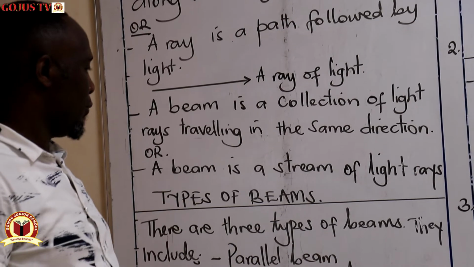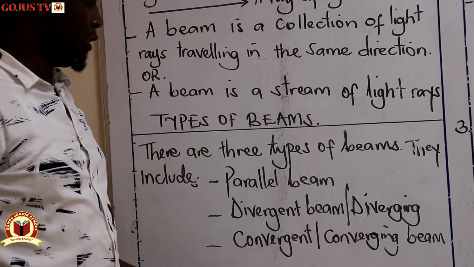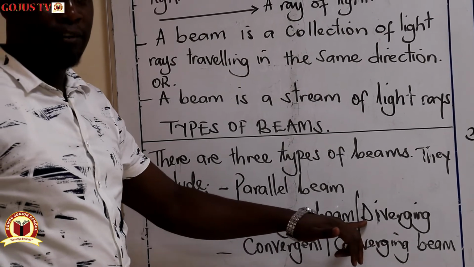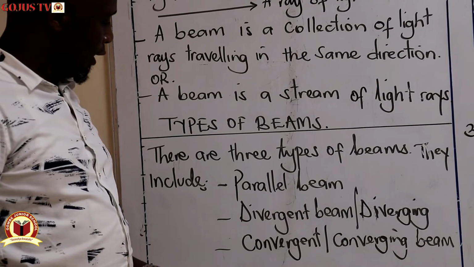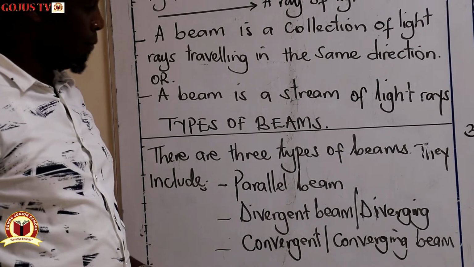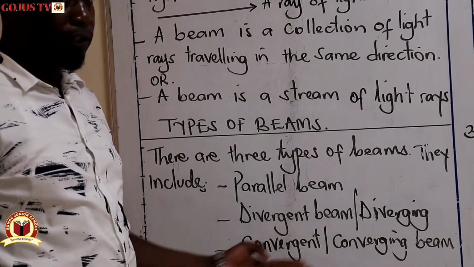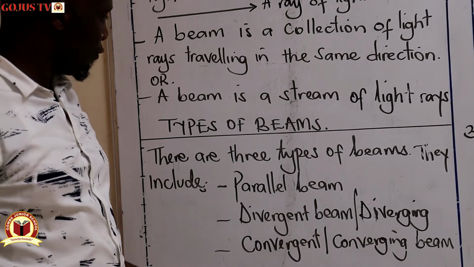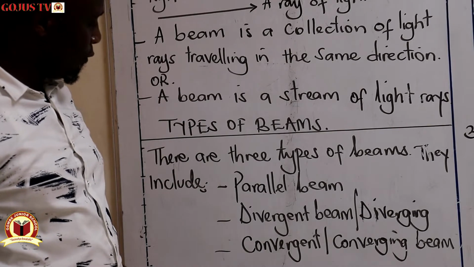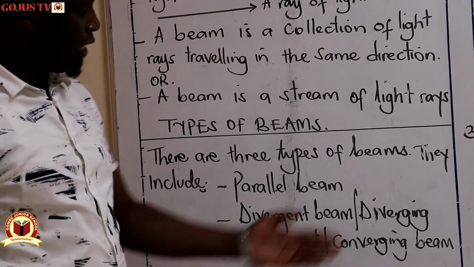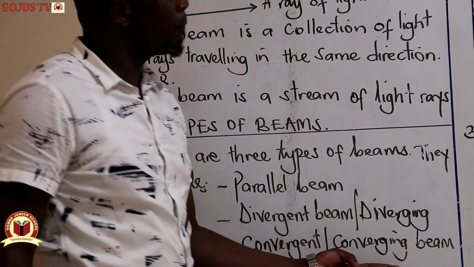One, we have the parallel beam; two, the divergent beam or diverging beam; then the third one is the convergent beam or a converging beam. You can use one of these words in case you are asked to name any one type of beams. You say either divergent or diverging, convergent or converging beam.